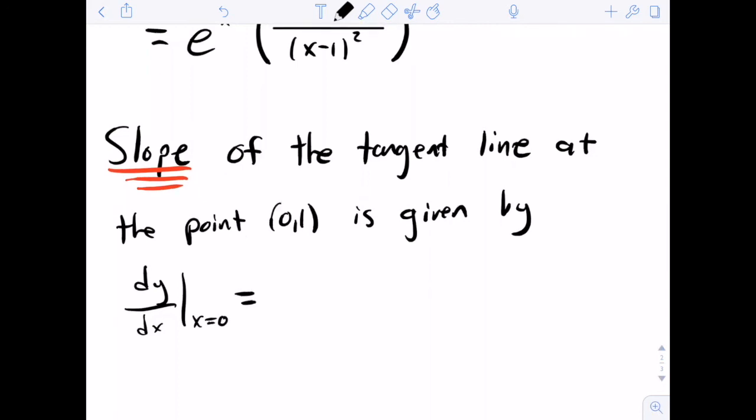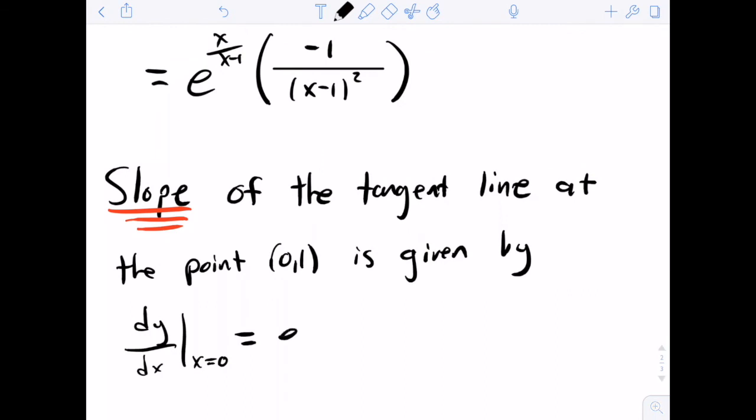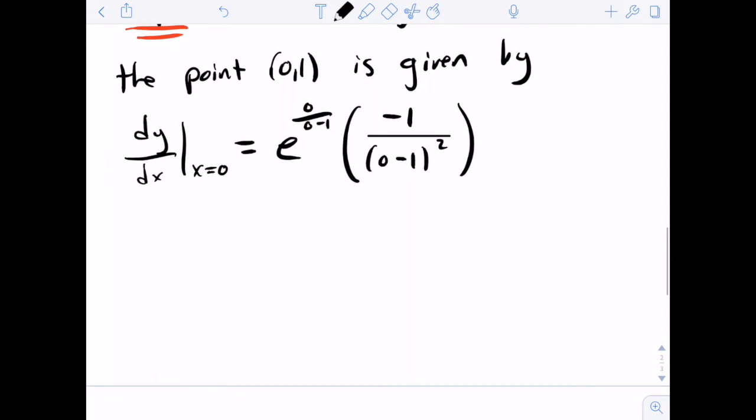So when we do that, we're going to stick everything in. So this is e to the 0 over 0 minus 1, all times minus 1 divided by 0 minus 1 squared. Okay, so we've got a lot of minus signs floating around here, so let's see what happens. Now 0 divided by 0 minus 1 is just 0 divided by minus 1, which is just 0.